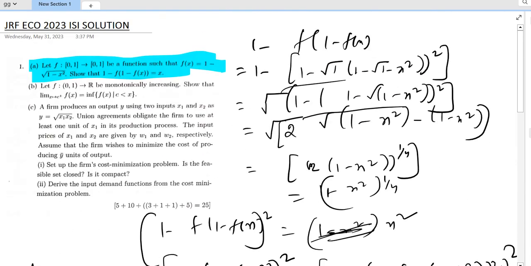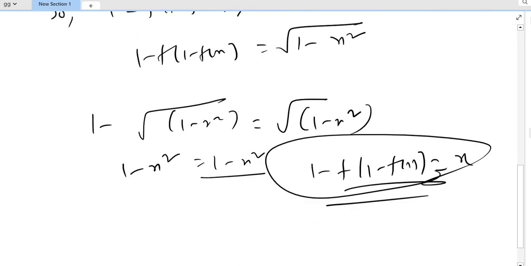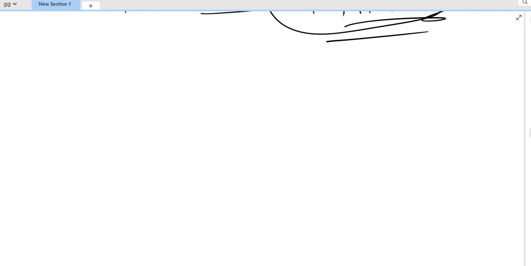Now we go for the second part. Let f from 0 to 1 be monotonically increasing, so that the limit as x tends to c plus of f(x) is the infimum of f(x) where c is less than x. So this is a complicated one. Let's go for 1b now.